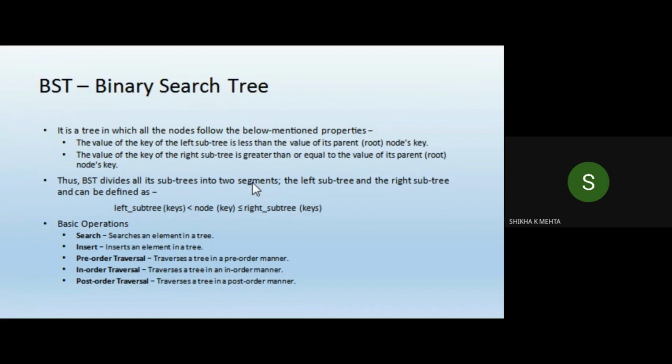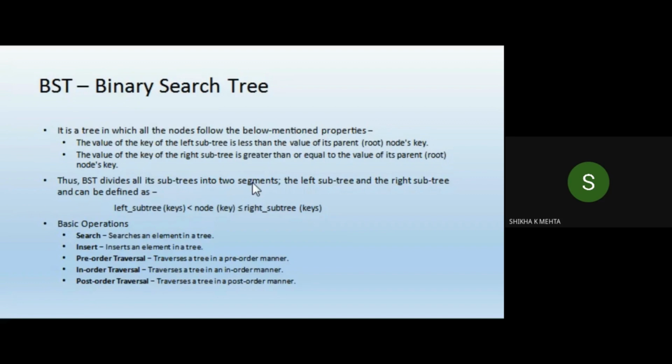In search we don't have to maintain any properties, because while searching it only makes things easy. If we have to find the minimum value, we know the left subtree is going to have the minimum value. So whenever we have to find the minimum value, we search on the left side of the binary search tree, and whenever we have to find the maximum value, we search on the right-hand side.